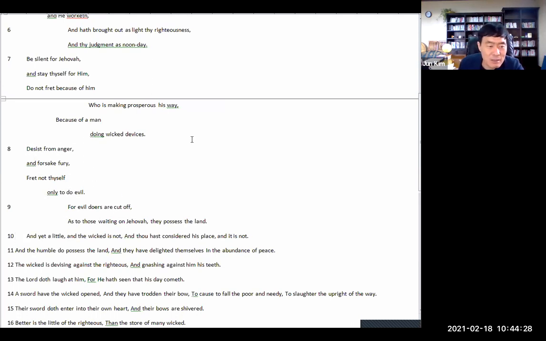I think these are dealing with a subordinated idea that belongs to this. When we are talking about evildoers being cut off and the righteous possessing the land, this idea is still the same.